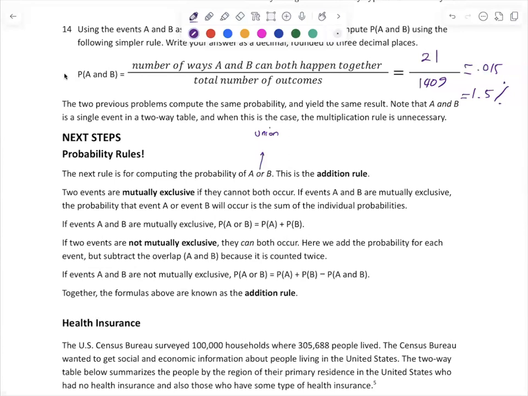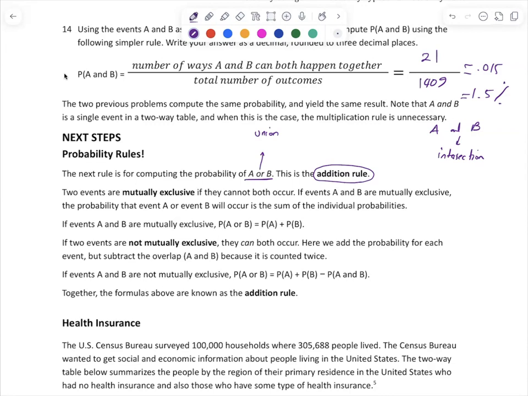It's different from and, which was the intersection. Remember that when we talked about A and B, that represents intersection. When we are saying A or B, it means that we are dealing with the union. This is different. It's going to be the addition rule. It's not intersection. It's not multiplication. You have union, and you're going to use a whole different algebraic operator, which is addition.